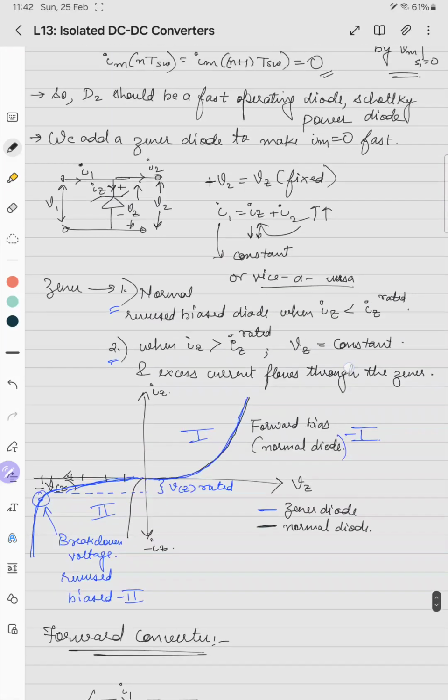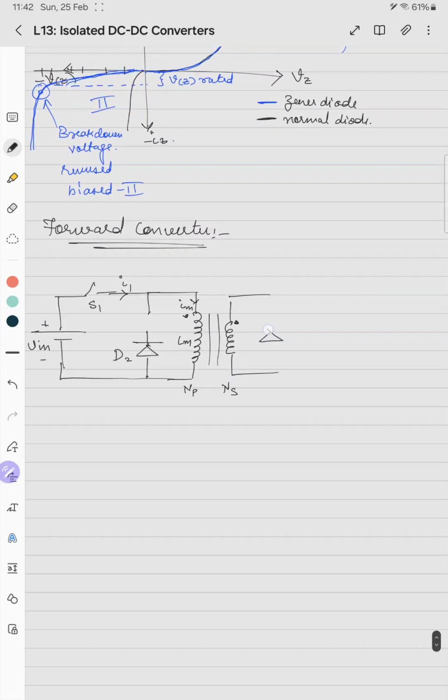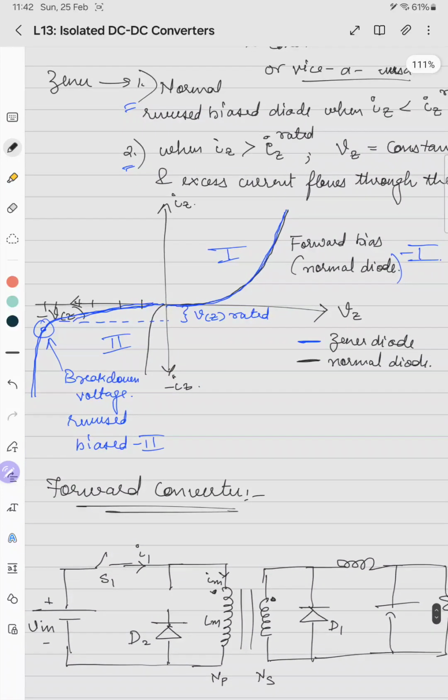Then here we have the buck derived part, so basically D1 and a load. So what we'll do is, the voltage across the Zener is almost constant in the negative direction. Forward is this.